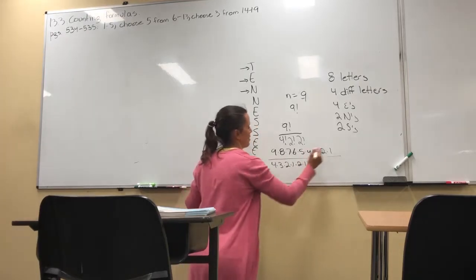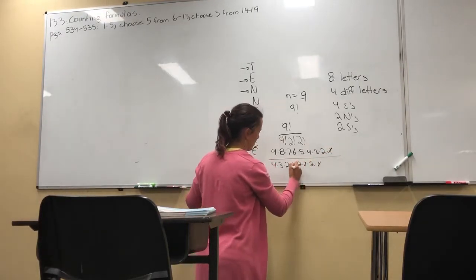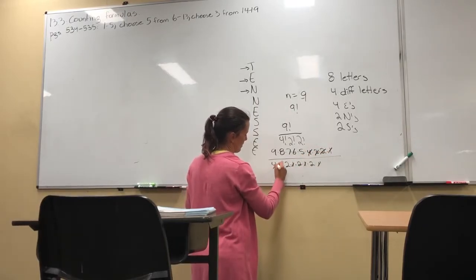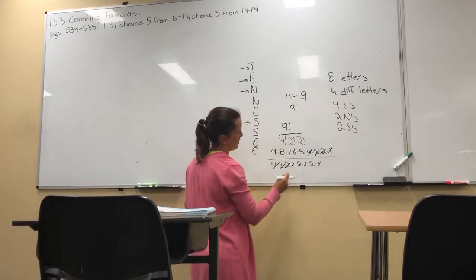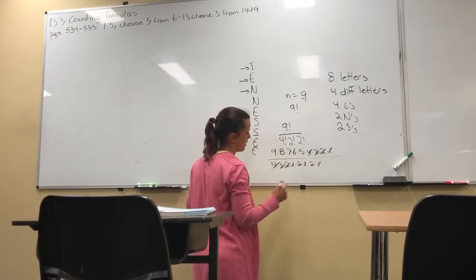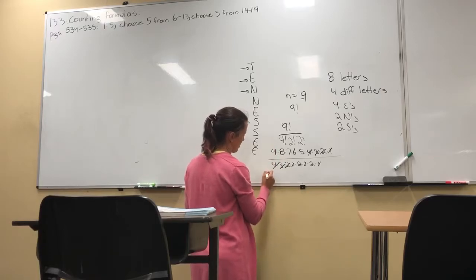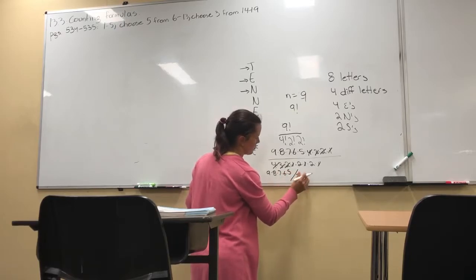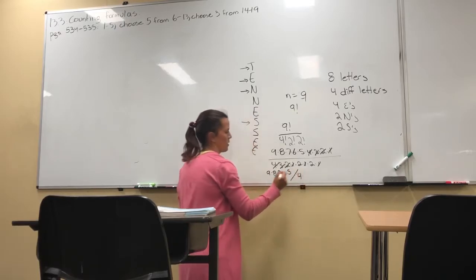Okay, so let's just take out all the ones because they don't mean anything. 4, 3, 2. Well, 4, 3, 2. Let's take those out. You could take the 2 times 2 is 4, and you could take that out of the 8, but it's a lot of work. So we're just going to do 9 times 8 times 7 times 6 times 5 over 2 times 2, which we can just say is 4.